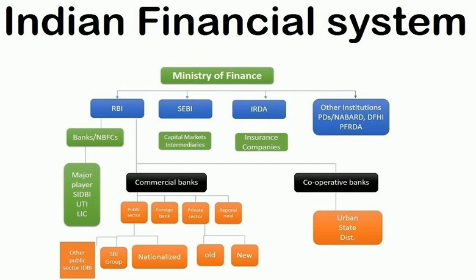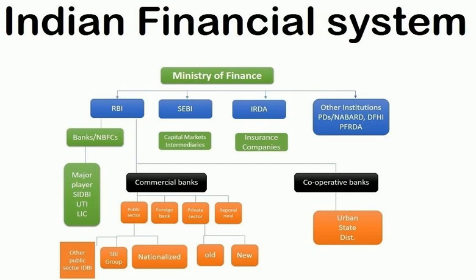So primary and secondary market are the two types of direct capital market. In indirect capital market, the types are mutual funds and security receipts. Those are two examples of indirect capital market.